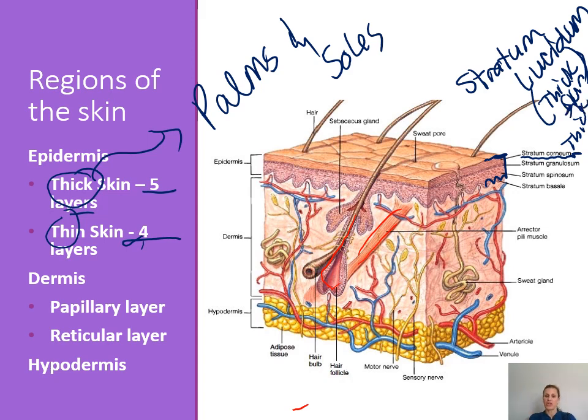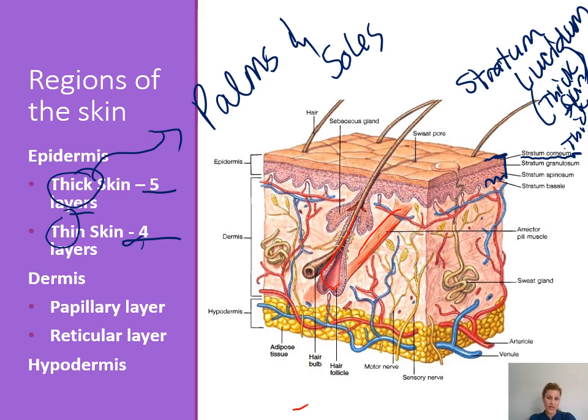It's much thicker in thick skin than it is in thin skin. Okay, so those are the key differences. Thick skin is on the palms of the hands, soles of the feet. It's hairless. There's no hair in it. There are 5 layers in the epidermis. The extra layer is the stratum lucidum, and it has a thick outermost layer or a thick stratum corneum.